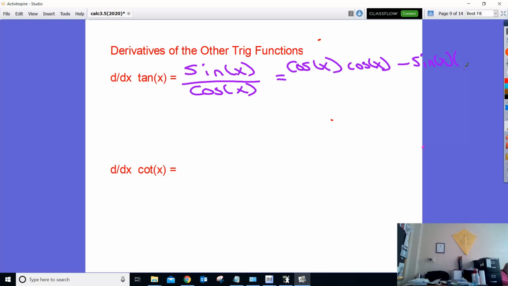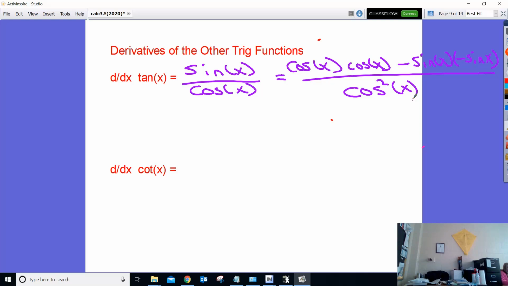What's the derivative of cosine? Negative sine of x. All sitting over cosine squared of x, because we're squaring the bottom piece, cosine times cosine is cosine squared. We don't put the square over the x because that causes confusion. I think you're actually squaring the x. We'll put it right there with cosine.